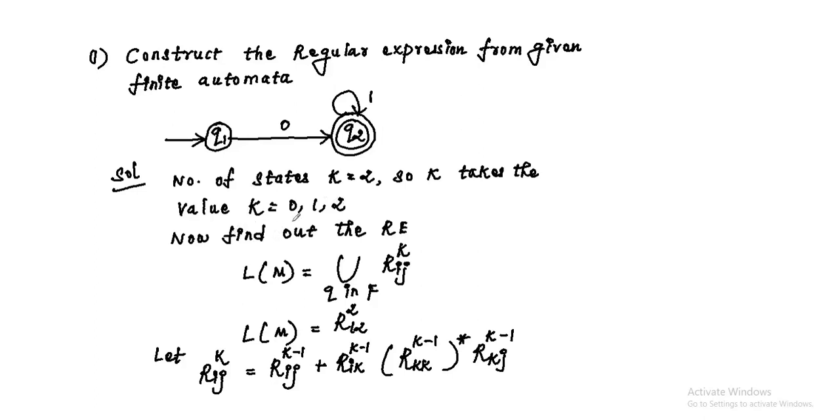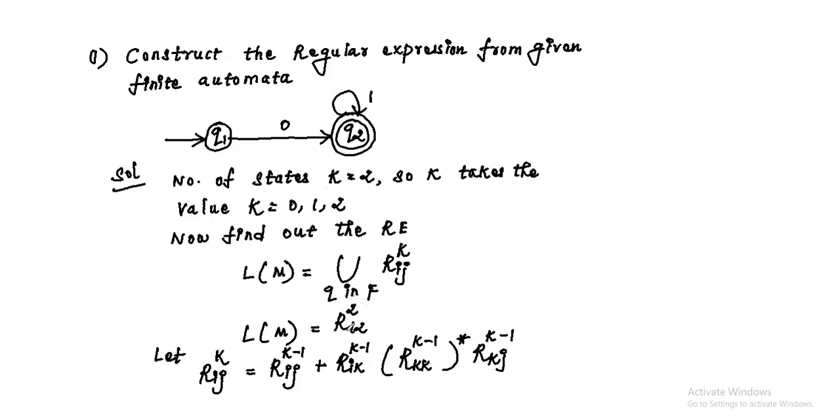Now we need to find out the regular expression using the two equations. The first equation, L of M equal to union of q in F Rij raised to the power k. Q in F, which means here we have two states q1 and q2. Take the numbers 1, 2. Here base value 1, 2 and raised to the power k value. K value would be 2.